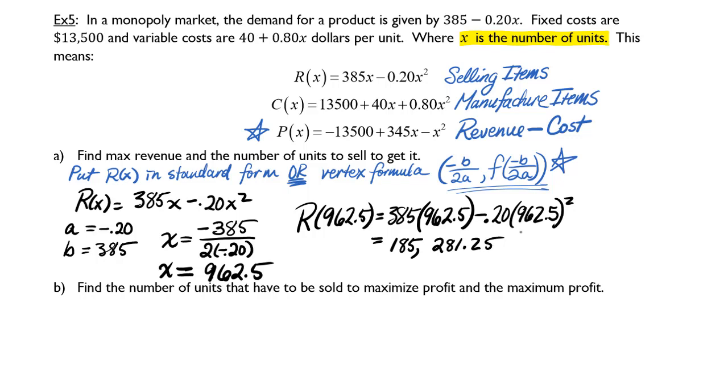Okay, so if I want to list the vertex or the maximum, because this is an opening downward parabola, the maximum would be at the point 962.5, comma, 185,281.25.